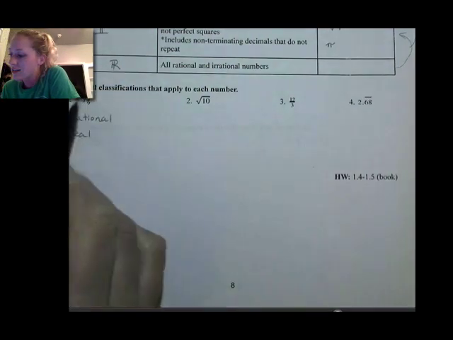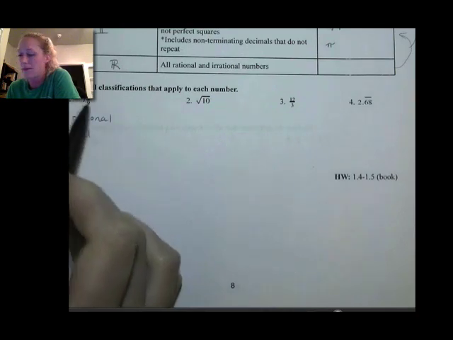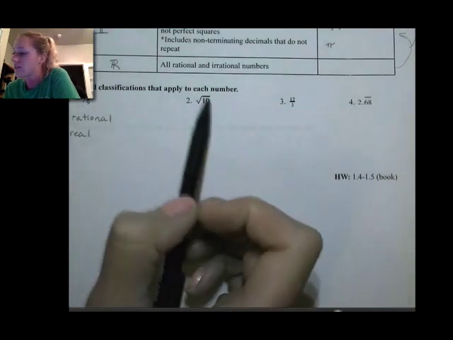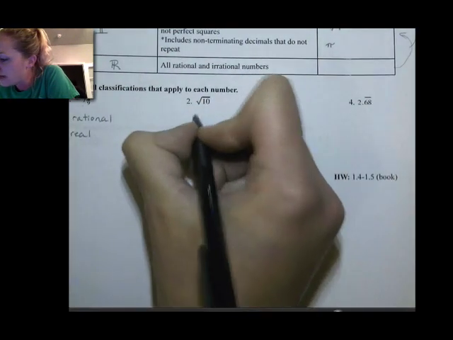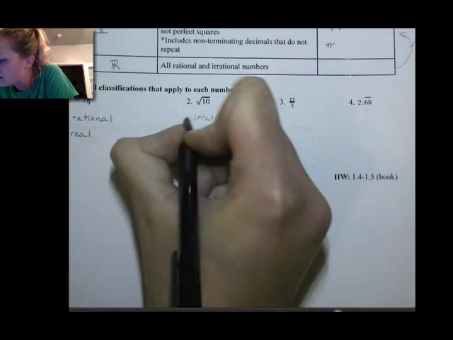It's not a whole number. It's not an integer because I have that fraction piece with it. So it's just rational and real. Square root of 10, I can't simplify that. I can't come up with a nice whole number that equals 10. So this is going to be irrational. But irrational numbers all fall under the real numbers as well.